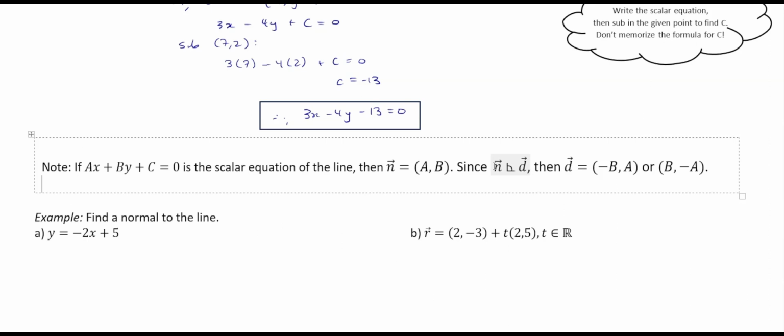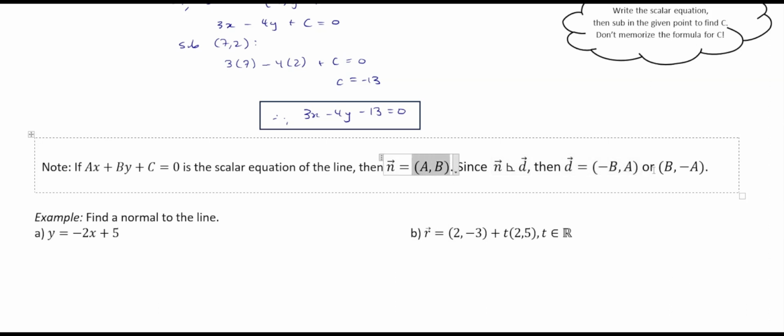And since the normal vector is at a right angle with the directional vector, then the directional vector has to be given as (negative b, a), or (b, negative a), because this dot product right here has to equal 0.